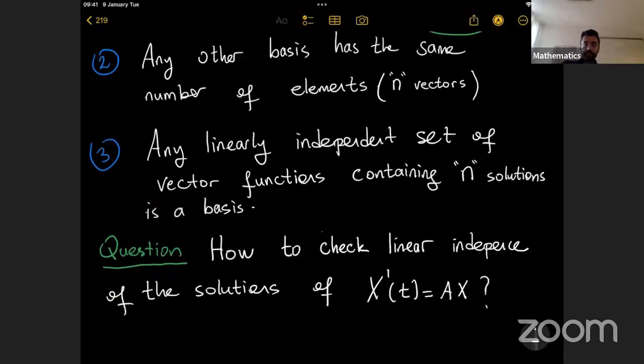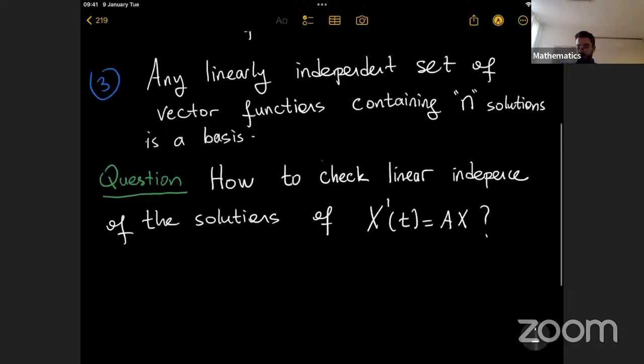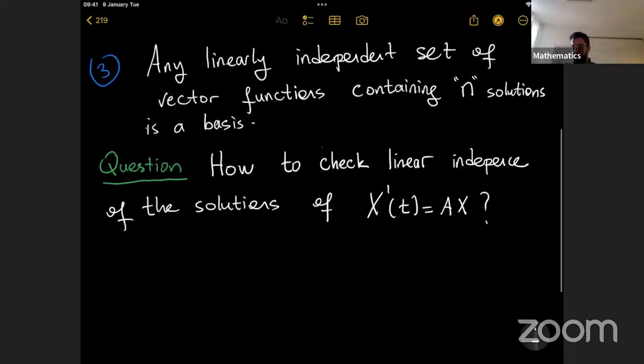Right, with the Wronskian. So you will check the Wronskian, and this will tell you whether you have a linearly independent set of vectors. So let's talk about this now.